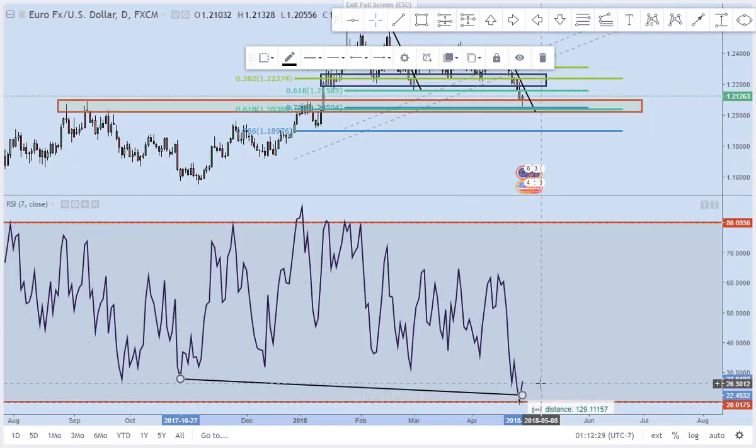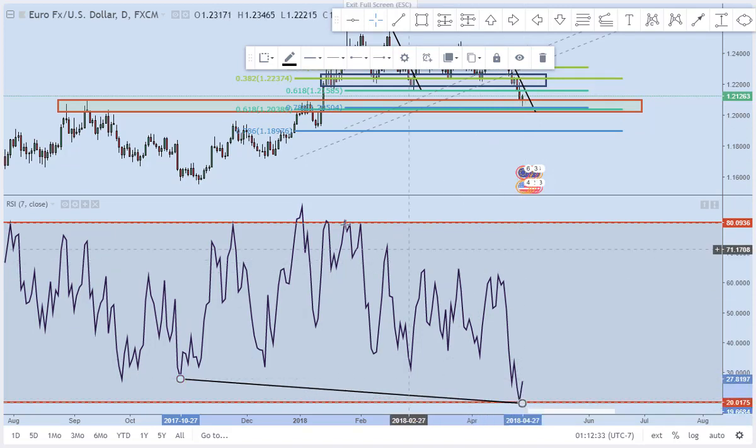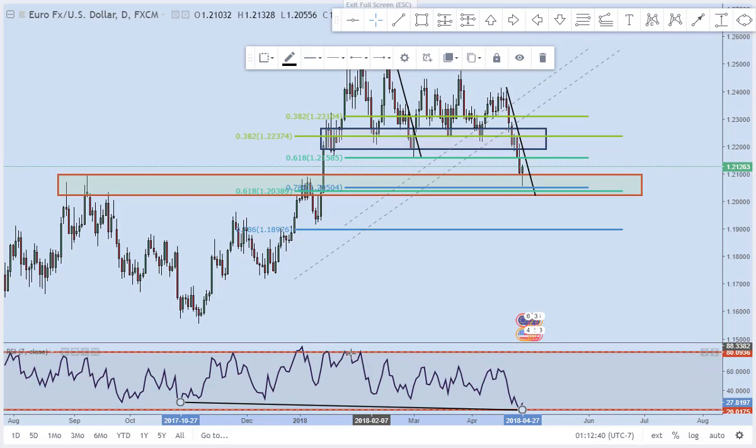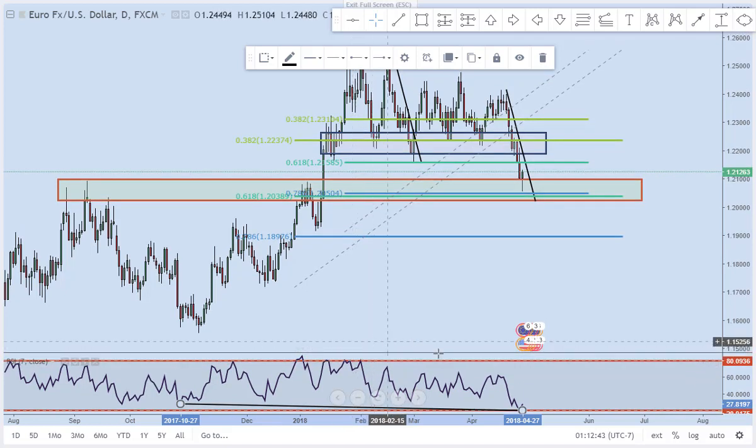It's sloping to the downside. RSI is giving us an opposite of our price action. So this is one of my significant filters that I cannot go without, which is a bullish divergence. And finally, price action just touched our oversold state, showing us an exhaustion of sellers.